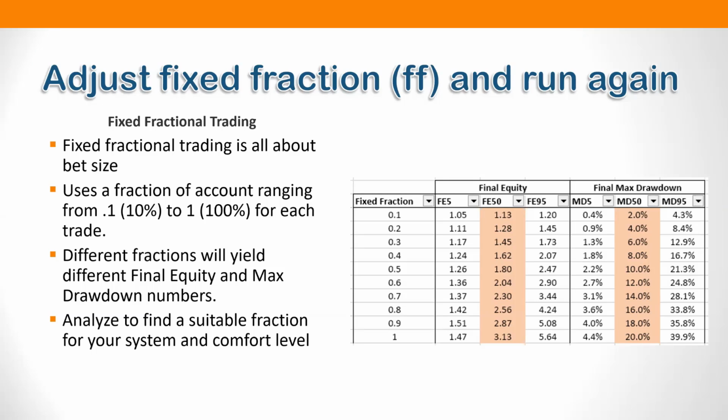So if the first trade made 10%, you've now got 11,000. If you're looking at fixed fractional trading, with a fraction of 1, meaning you're trading the whole amount, you then would use 11,000 going into the second trade.